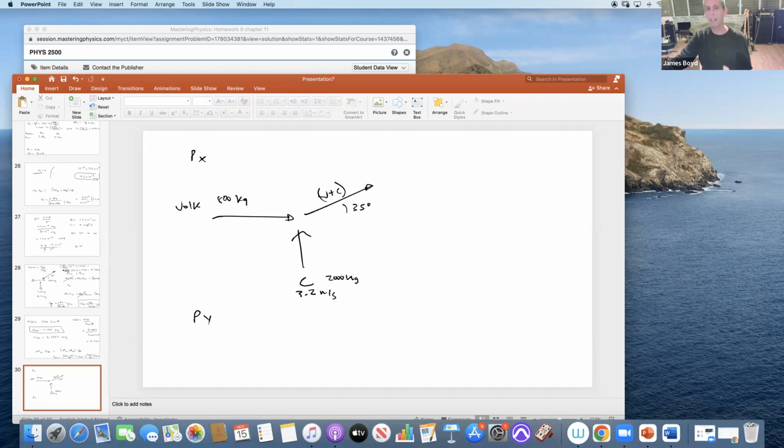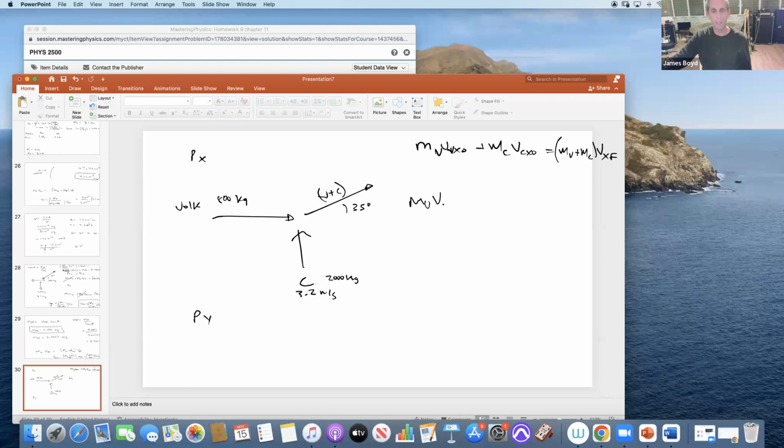Now, because momentum is conserved in the X, M1 V1X, or M of the Volkswagen initially in the X, plus M of the Cadillac initially in the X is equal to M of the Volkswagen plus M of the Cadillac times Vx final.